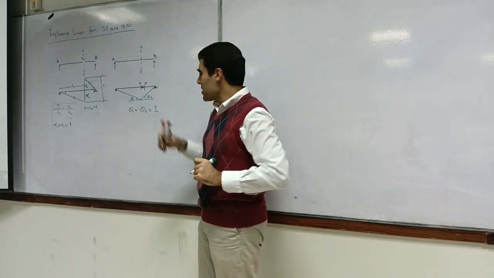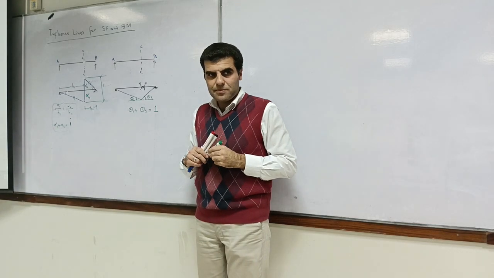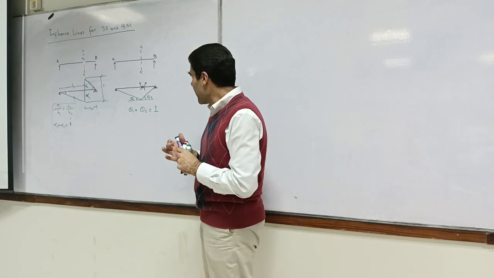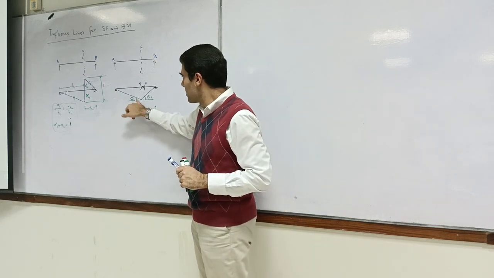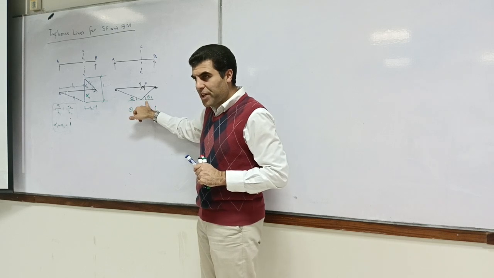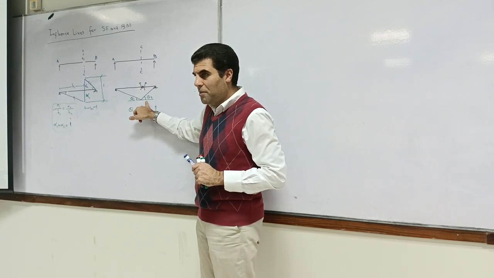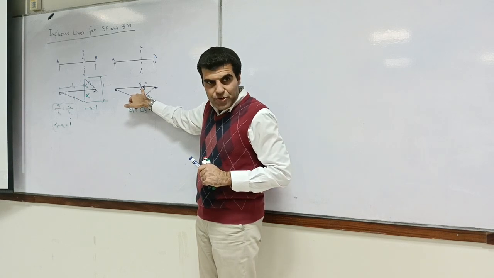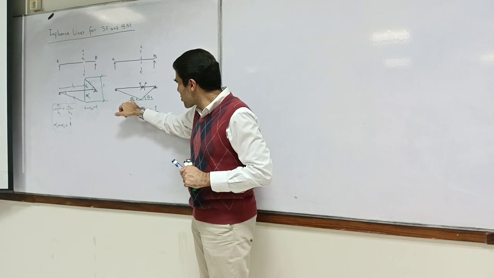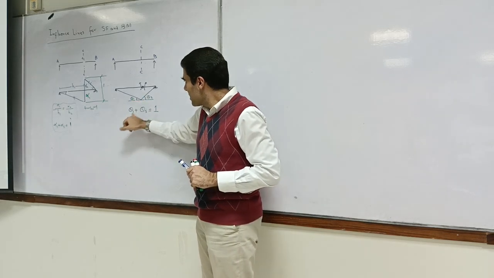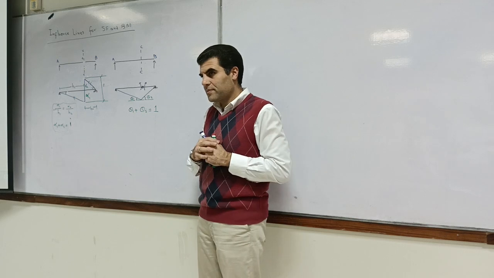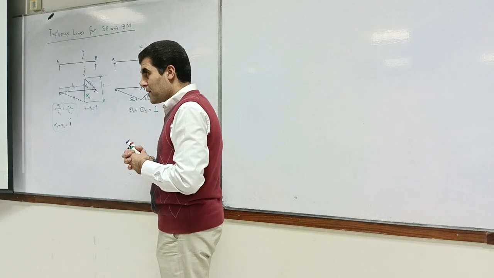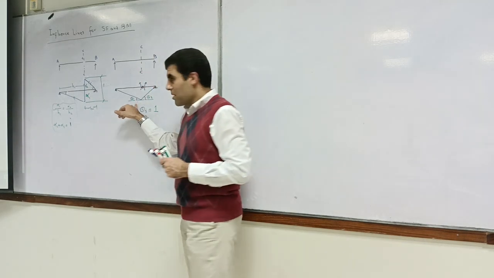Theta 1 plus theta 2 must be equal to 1. We are releasing the rotation, isn't it? So in this case, we have got different rotations. So we make sure that this angle and this angle add up to 1. Okay? So you understand? Why are we making the angle 1?